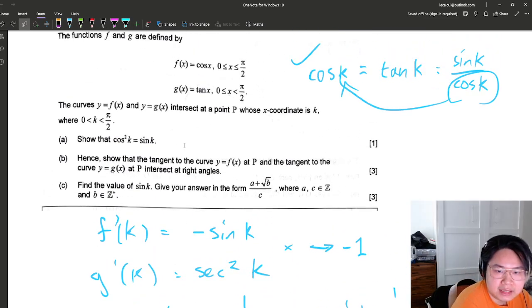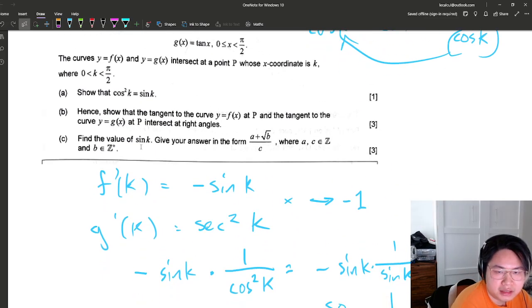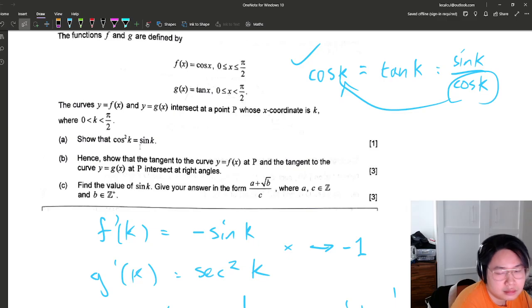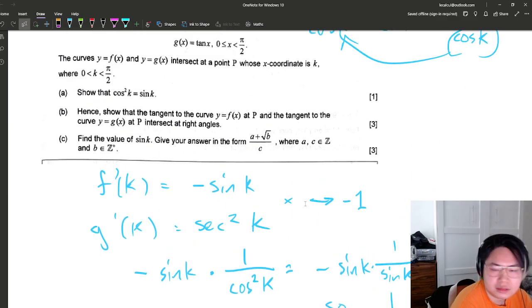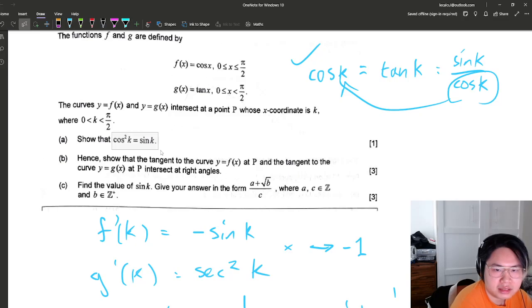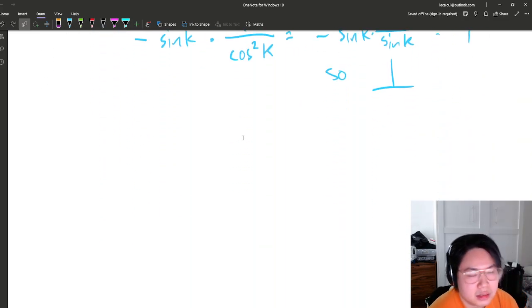Okay, and then find the value of sine k. Well, I only have one equation, I think. So we're just going to solve this formula here.